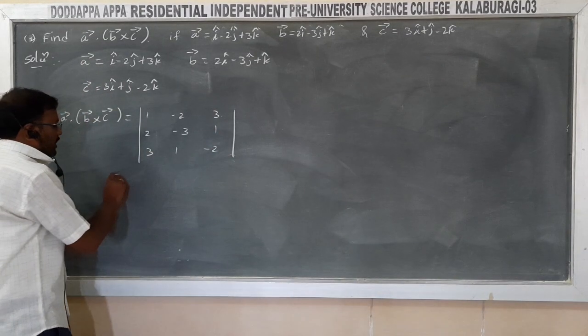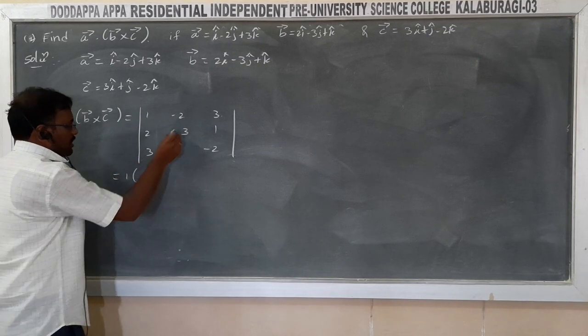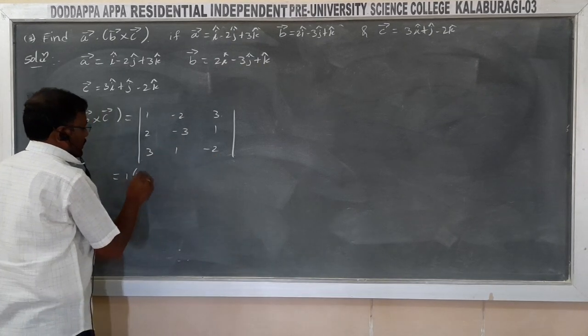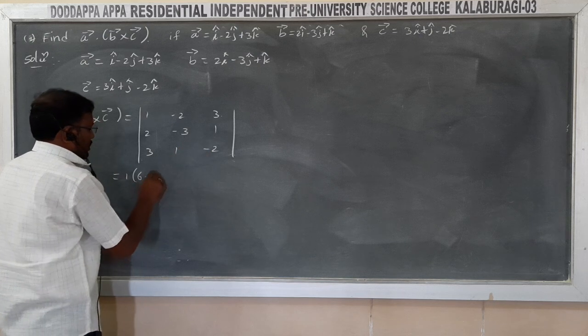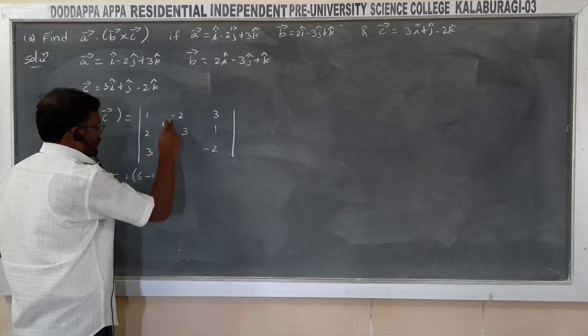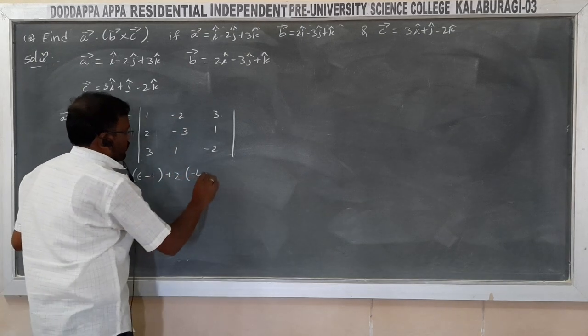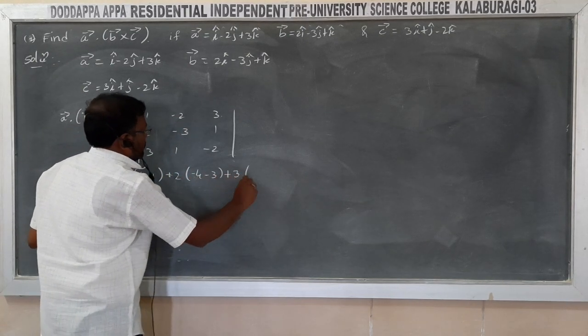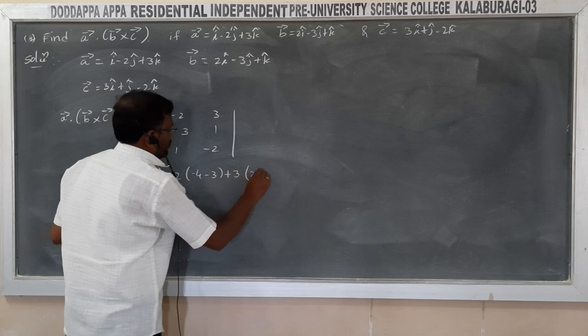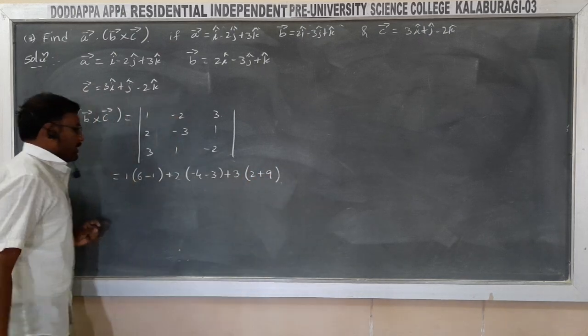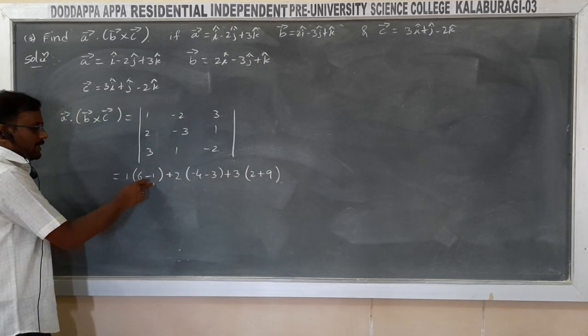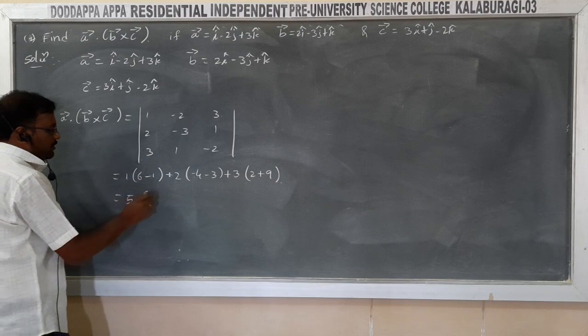Now you can expand this one. Minus 3 into minus 2 is plus 6, minus 1, minus into minus plus 2 of minus 4 minus 3, plus 3 of 2 plus 9. 6 minus 1 is 5. 5 into 1 is 5.